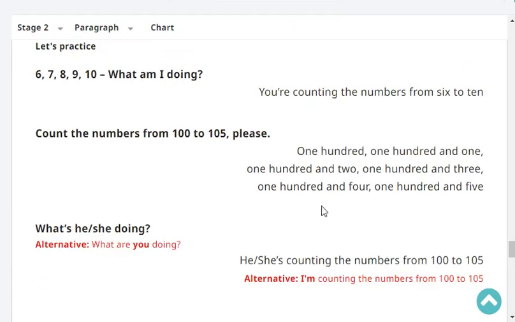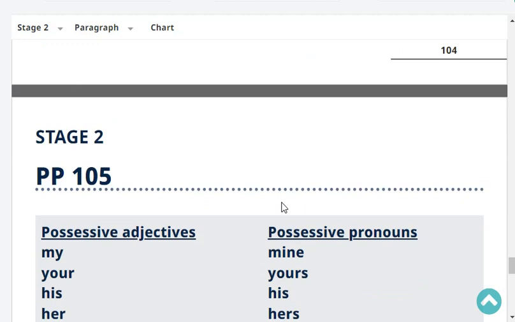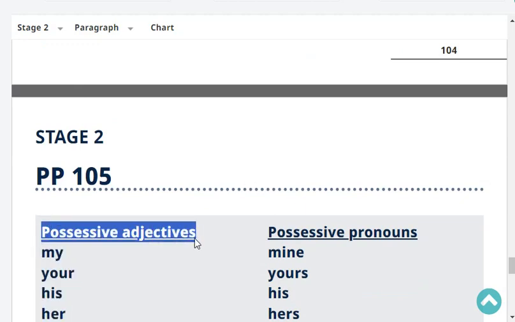Count the numbers from 100 to 105, please. 100, 101, 102, 103, 104, 105. Very good. What's she doing? She's counting the numbers from 100 to 105. Very good.